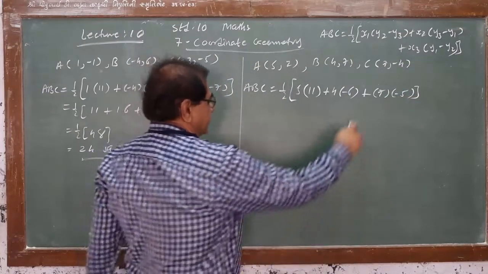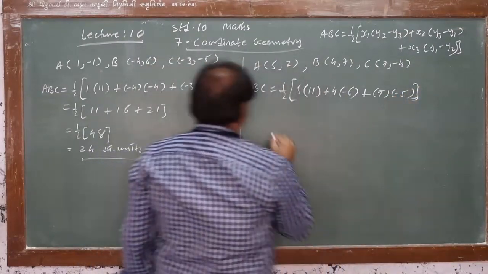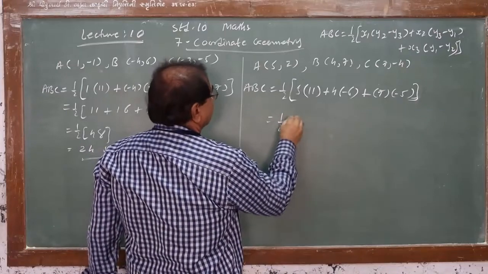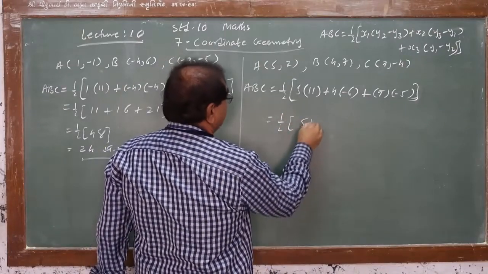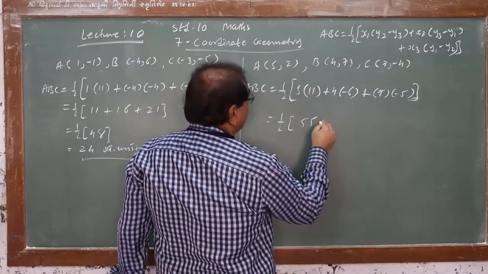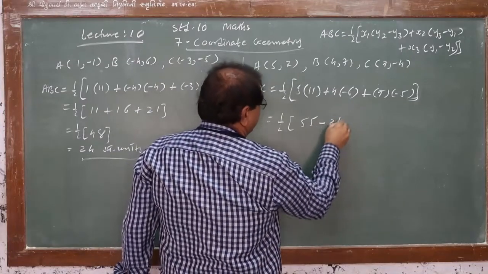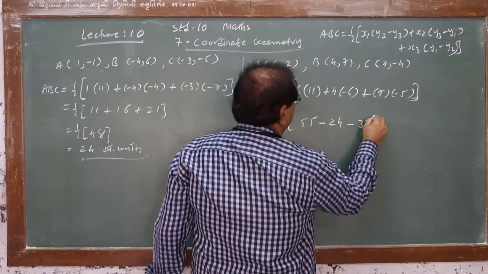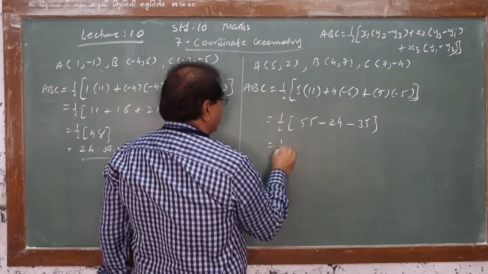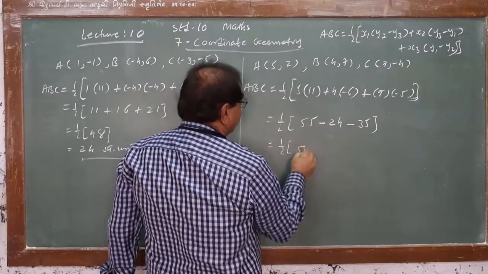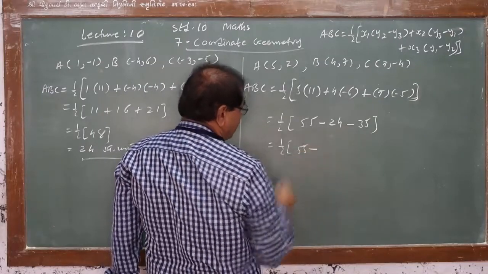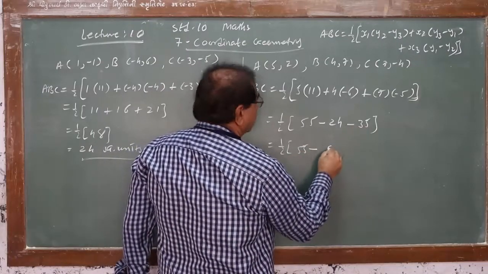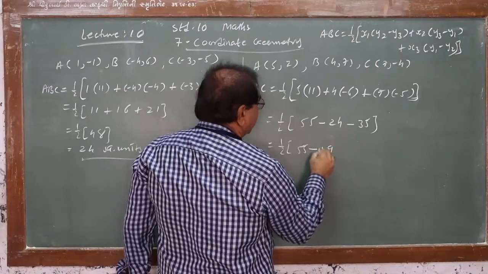Okay, square bracket over. So it is equal to 1/2 into bracket 11 5s are 55, plus minus 6 4s are minus 24, plus minus 7 5s are minus 35. So it is equal to 1/2 into bracket 55, and these two are negative, so minus 5 and 4 is 9, 3 and 2 is 5.